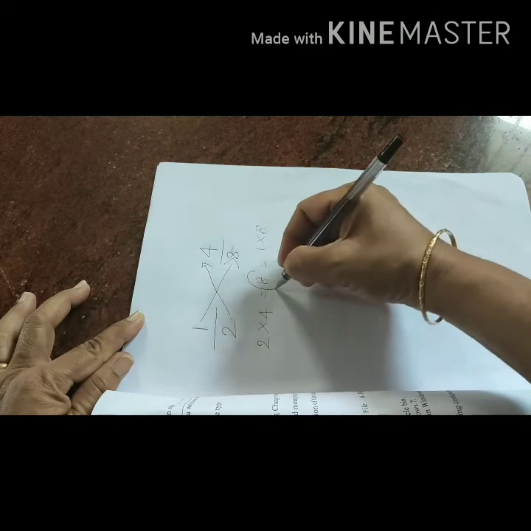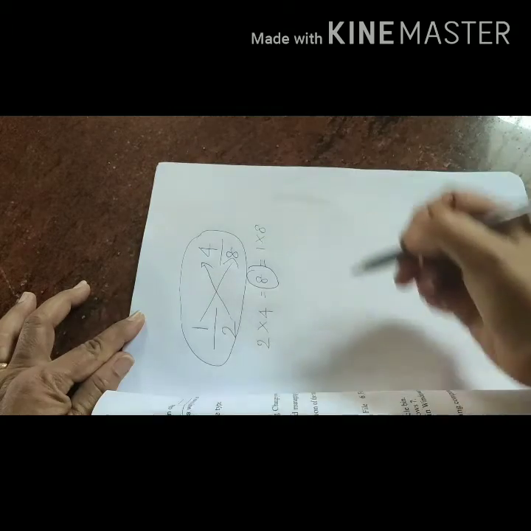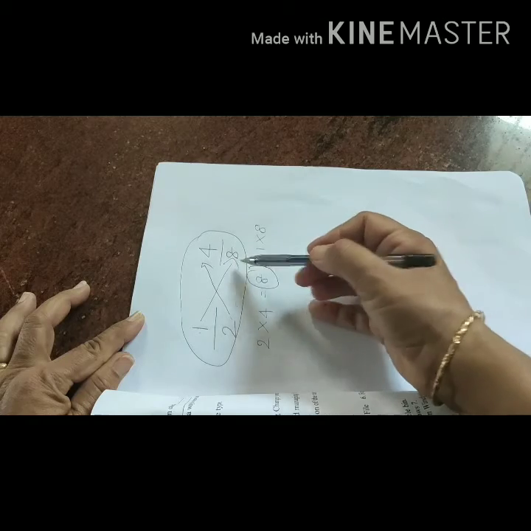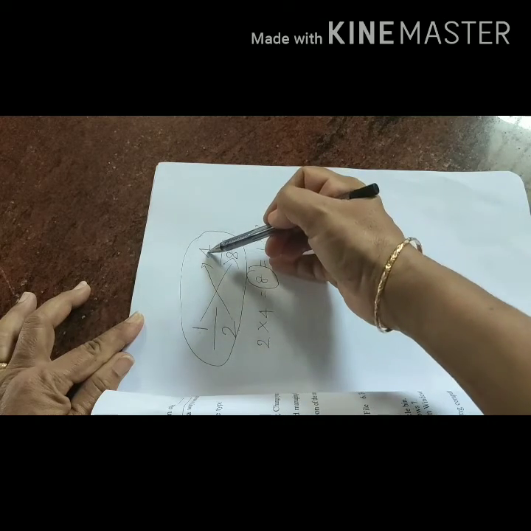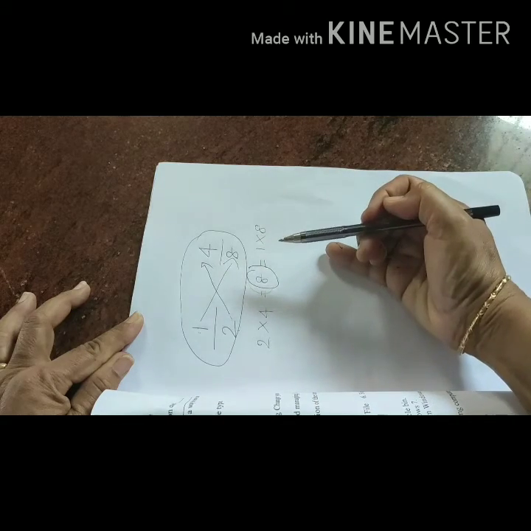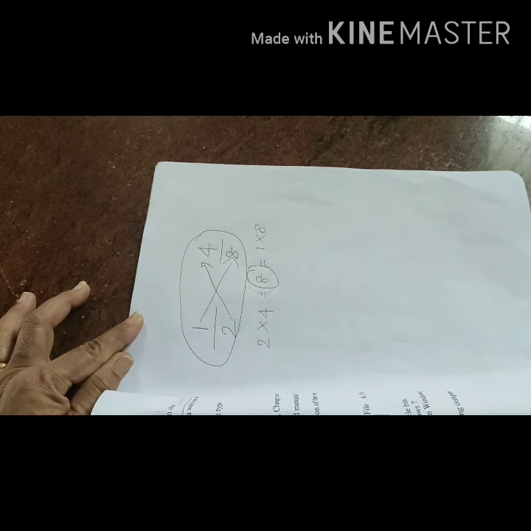If both products are the same, then both fractions are equivalent fractions. Again, multiply the numerator with the denominator, and the denominator with the numerator. If the products are the same, then both fractions are said to be equivalent fractions. This is a way of checking equivalent fractions.